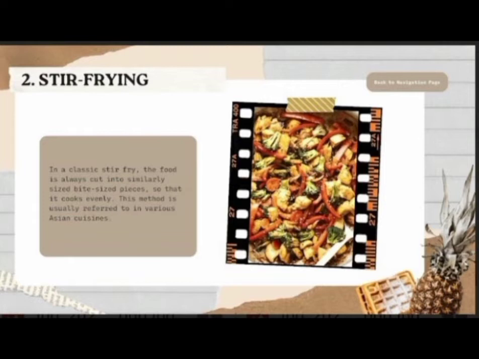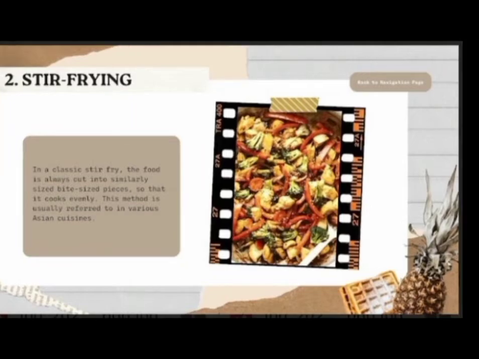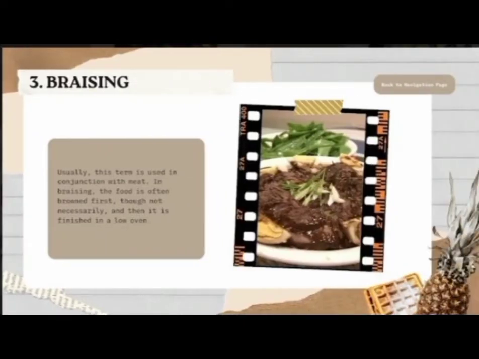Stir frying uses a heated pan to fry meat or vegetables over high heat while stirring rapidly. One example of this is pancit bihon, a Filipino stir-fried rice noodle dish with meat and vegetables.